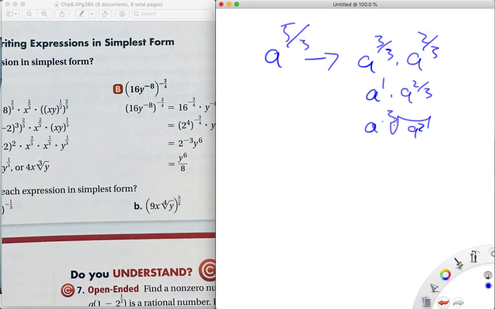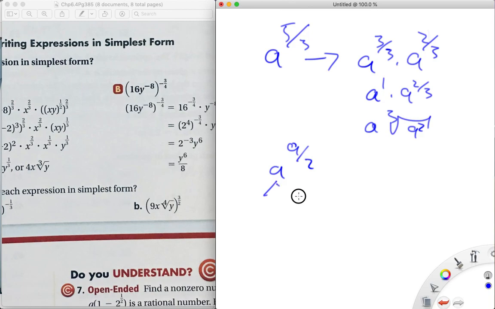Okay, this is fine. You can pull out a whole number if you wanted to. If you had like a to the 9/2, right?